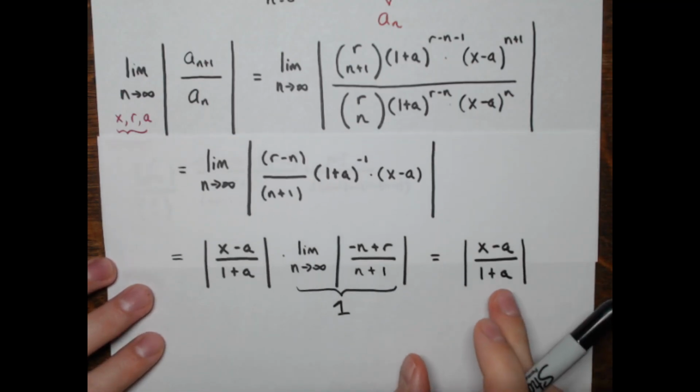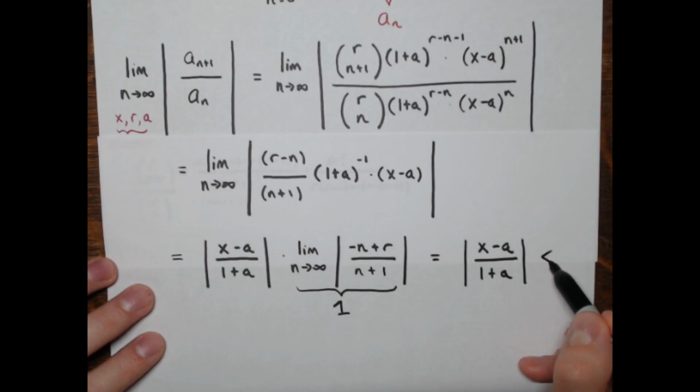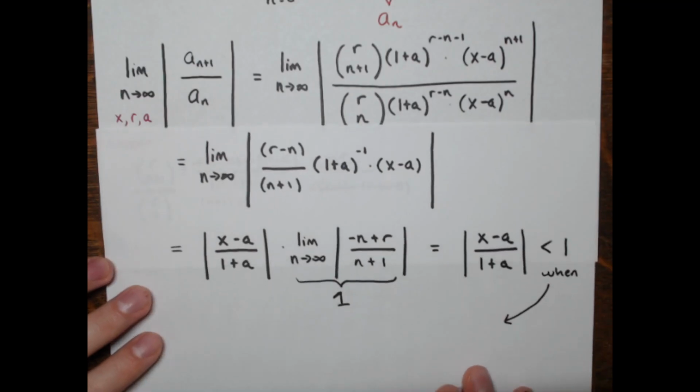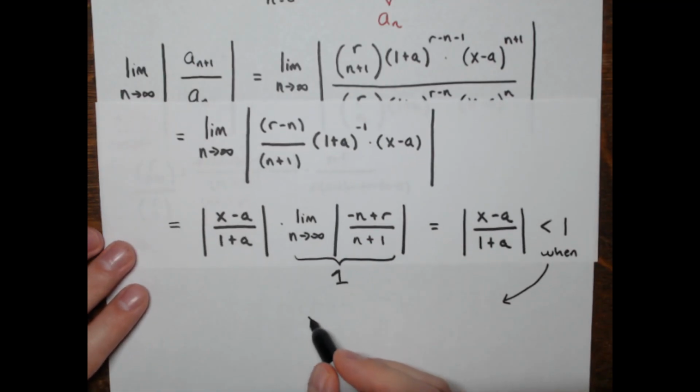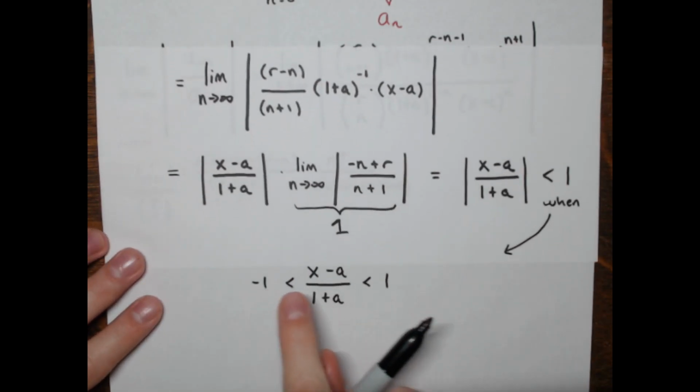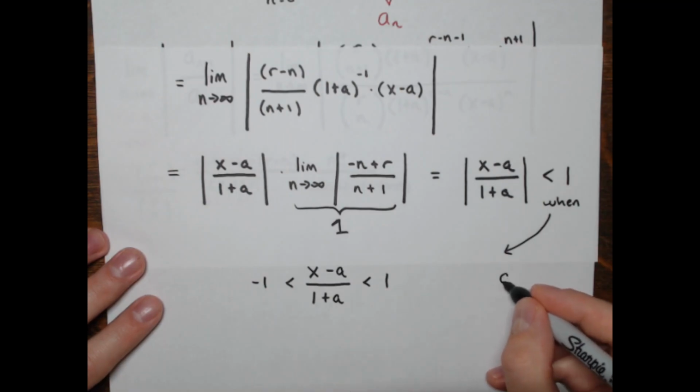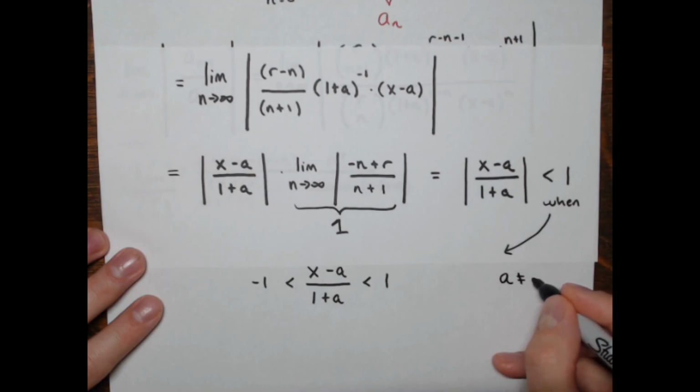And remember, we need this to be less than 1 for the series to converge. So this is less than 1 when x minus a over 1 plus a is between negative 1 and 1. I multiply everything by 1 plus a, as long as a is not negative 1, by the way, of course, right?